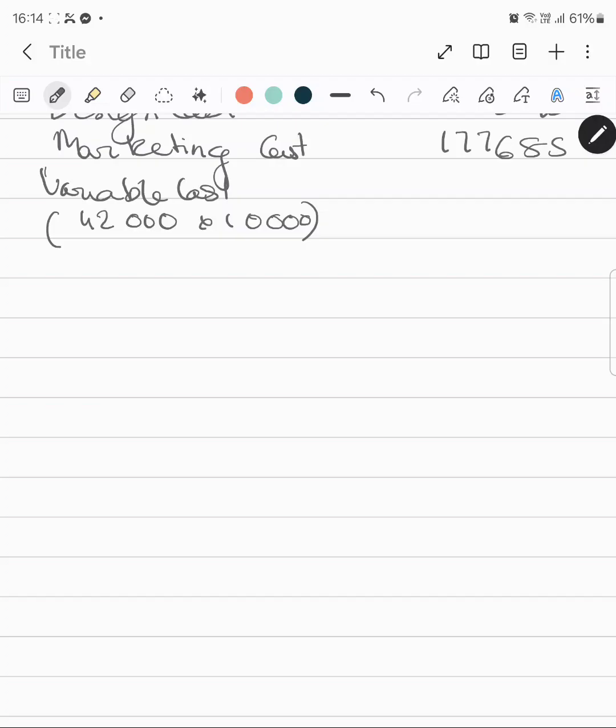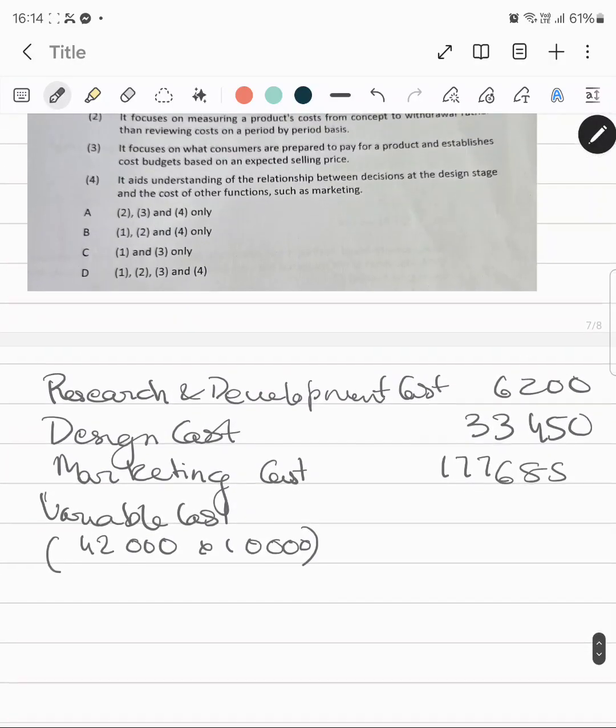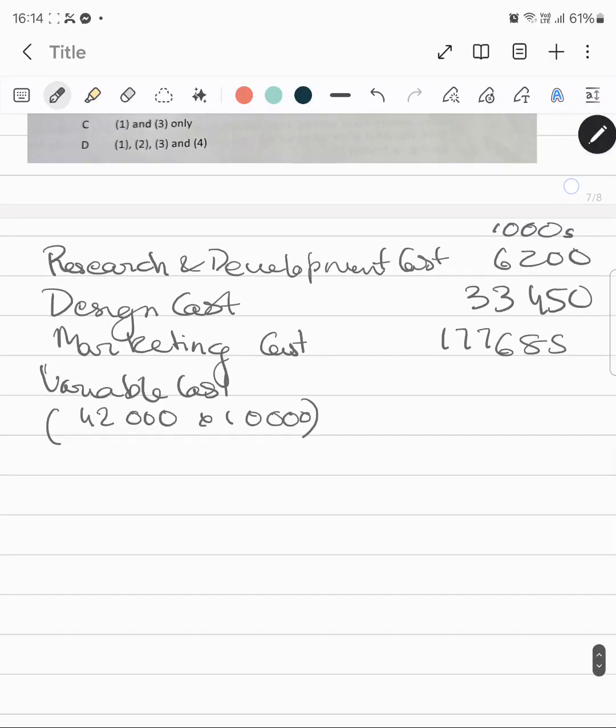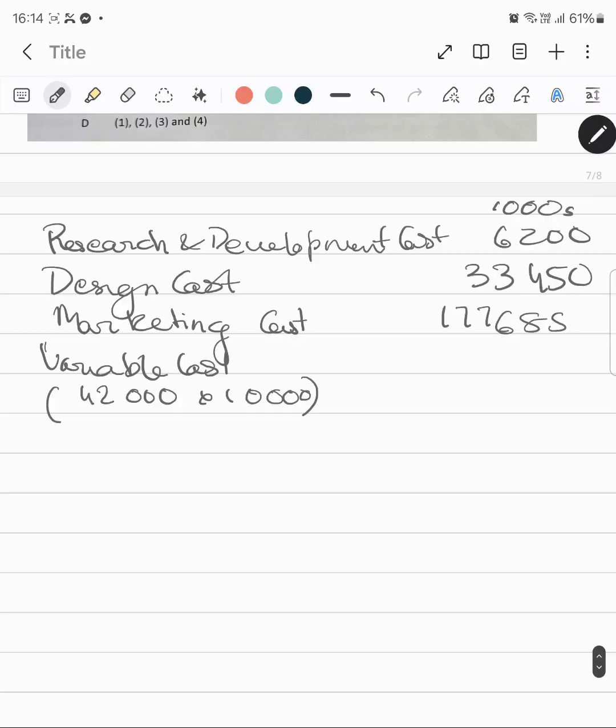So 42,000 into 10,000 divided by 1,000, it will give me 4,20,000, because I'm writing all these figures in thousands. So whatever the answer will be, I will have to divide it by 1,000 because I'm writing the answer in thousands. So it is 4,20,000.